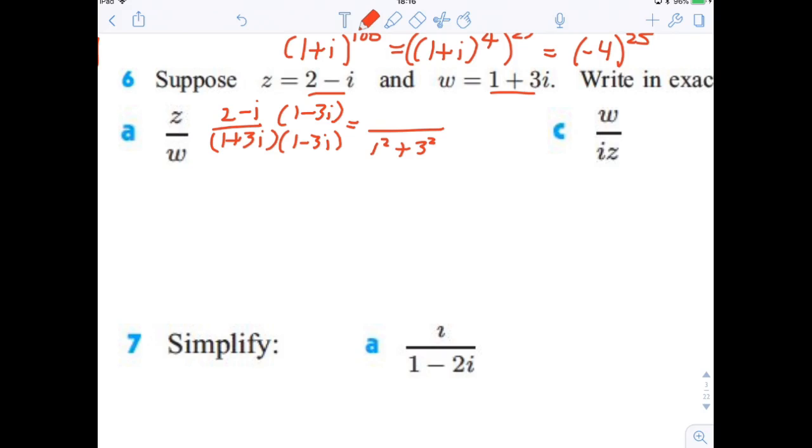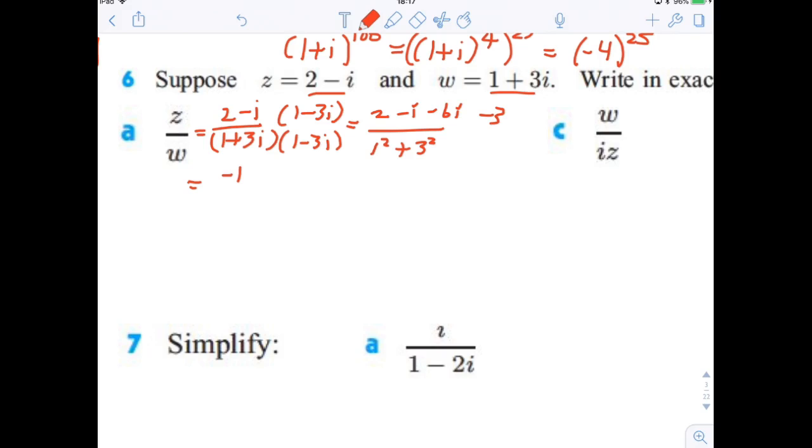And on top, I'm going to have 2 for the first terms multiplied together. Negative 3i times negative i would be positive 3i squared, which would be negative 3. That's the last term. And then the inside terms would be minus i minus 6i. So 2 minus 3 is negative 1.